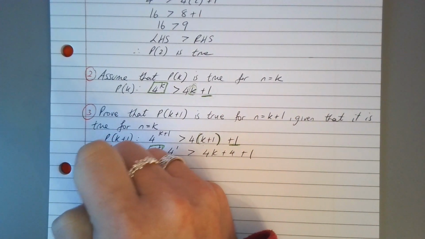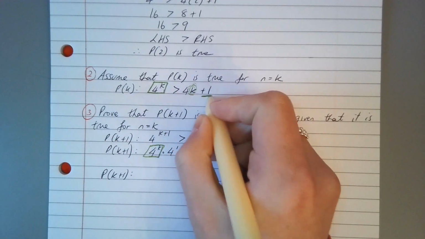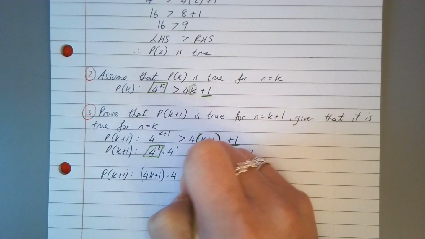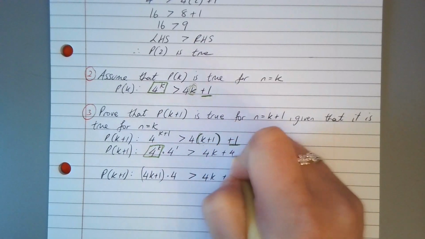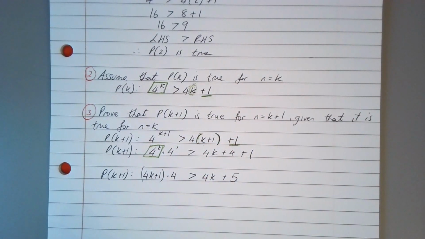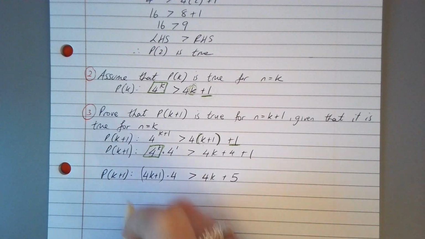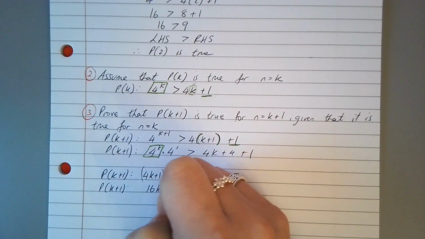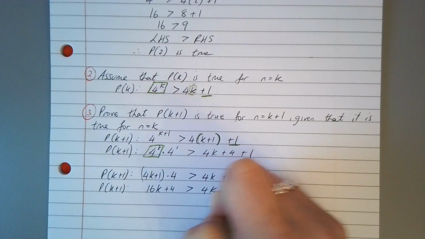So p k plus 1 is 4k plus 1 times 4 greater than 4k plus, I'm going to say 5. And we'll tidy that up. 16k plus 4 greater than 4k plus 5.